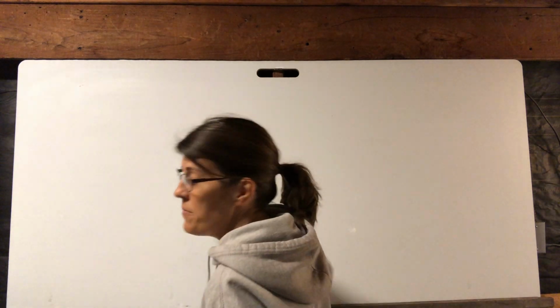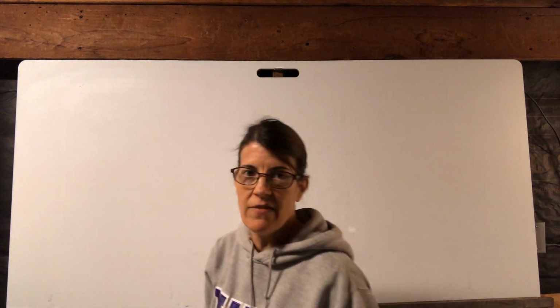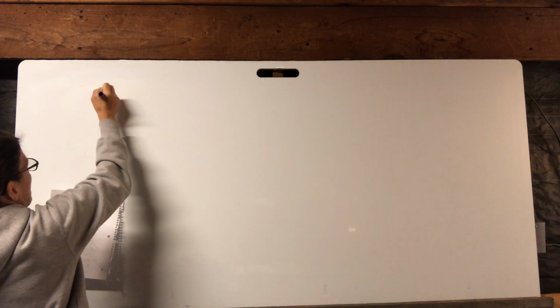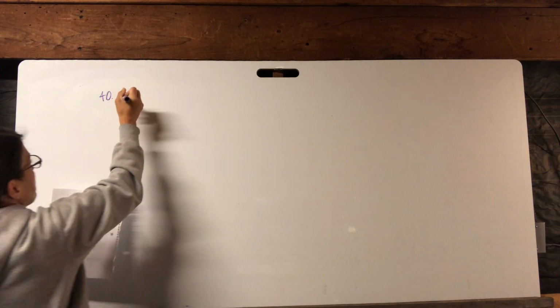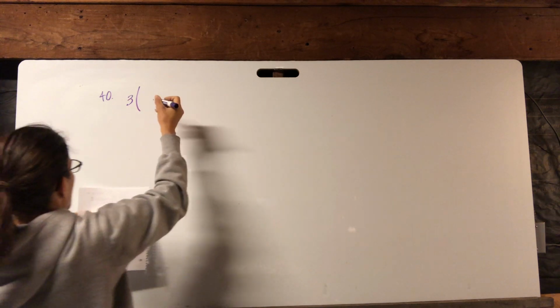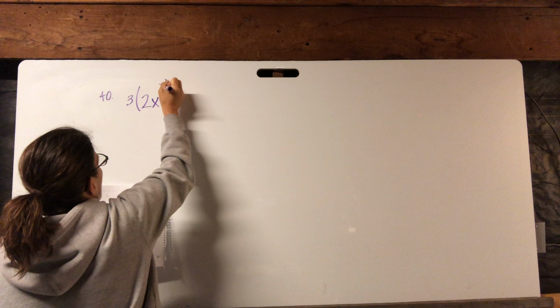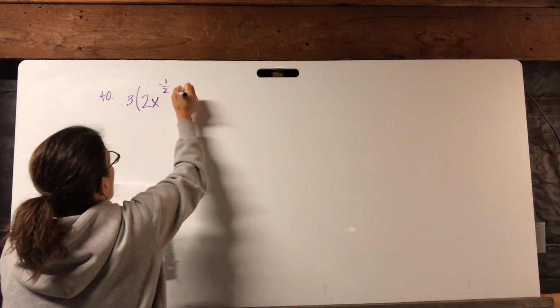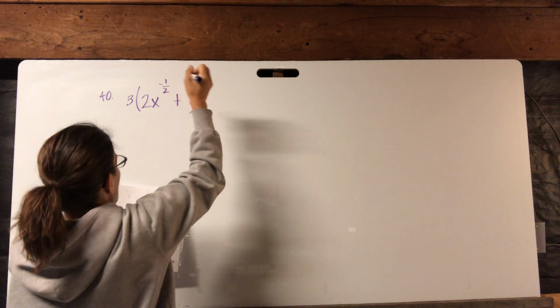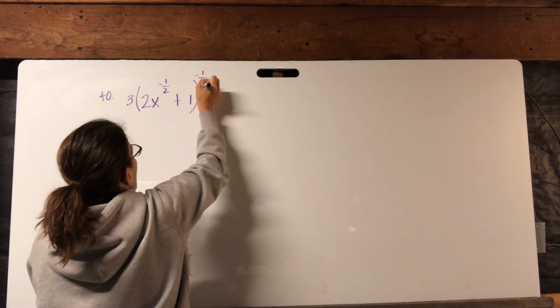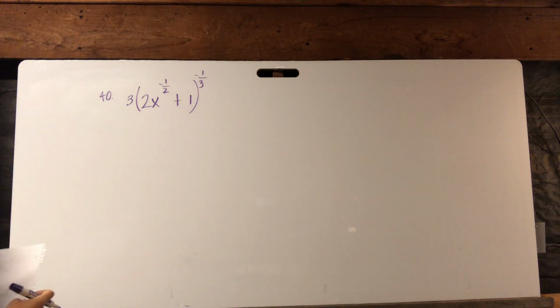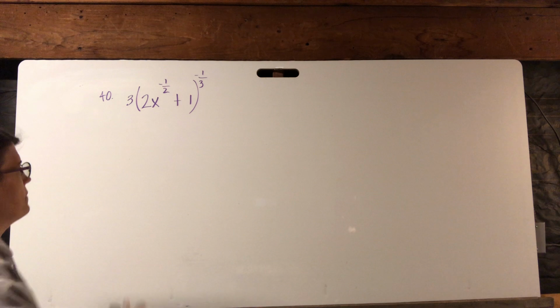I try to pick the problems that look the worst, like the negative exponents and stuff. Hopefully that's helpful. You are asked to find the second derivative. Oh no, they just ask you to implicitly differentiate.